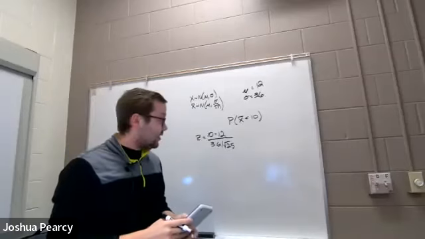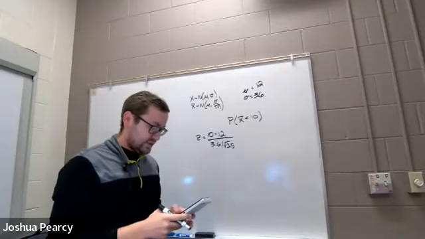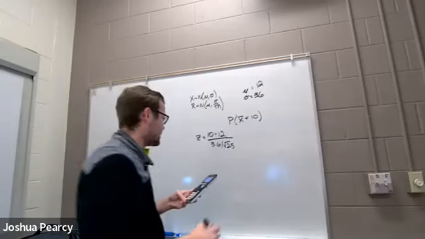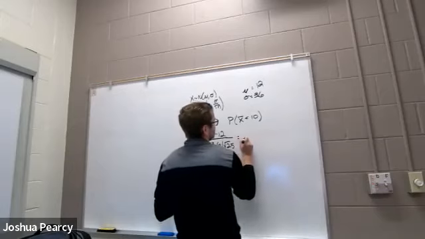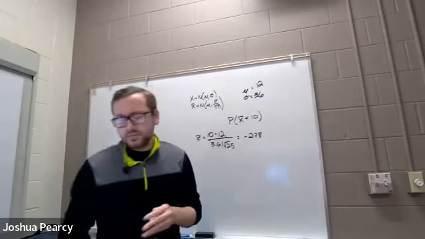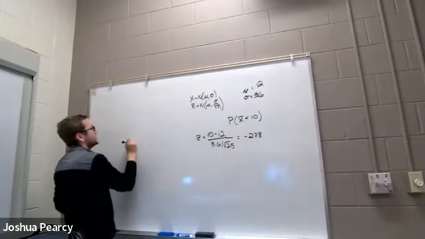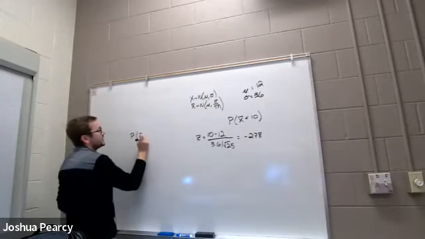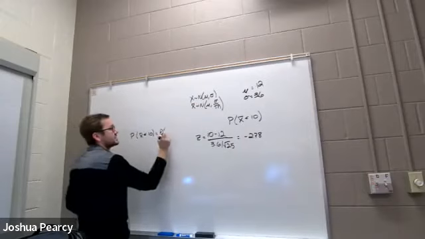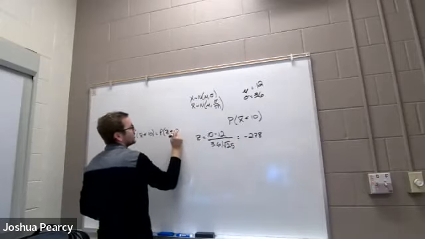Then plugging that in the calculator, you get 10 minus 12 over 3.6 divided by the square root of 25, which is negative 2.78. Then that means that the probability of getting a sample mean less than 10 is the same as the probability of getting a z-score less than negative 2.78.